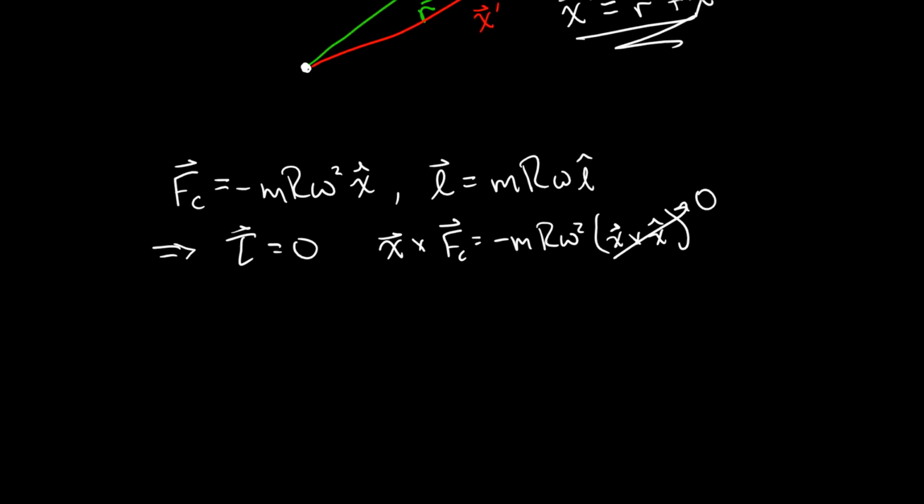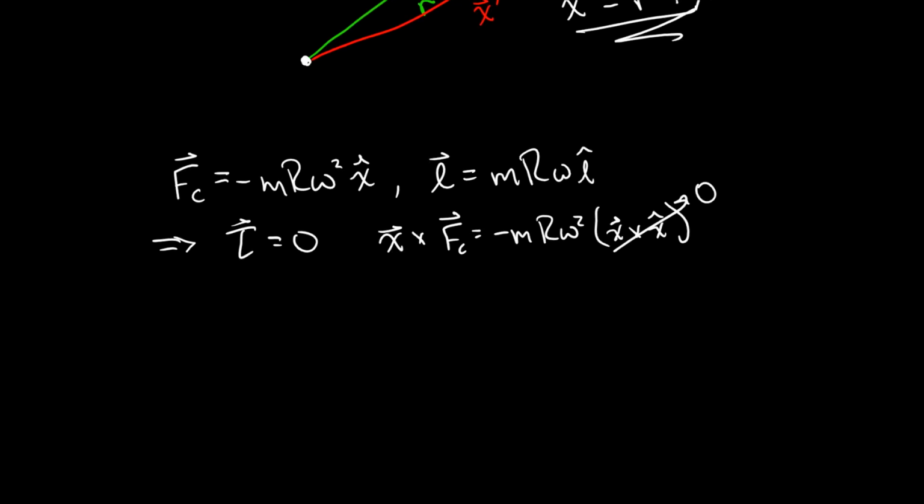So now we can ask what my angular momentum looks like. Well, first I need to figure out what's happening with the direction of the momentum, but dx prime dt is going to be dr dt plus dx dt.